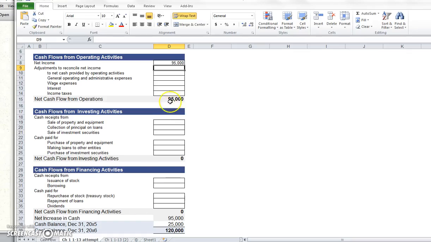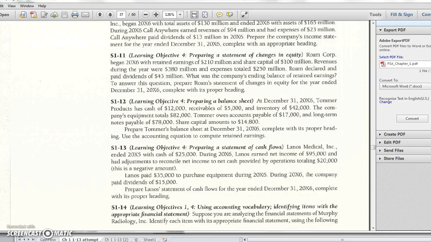So we've got to make sure that this is a minus. So 20,000. So if I've done the formula properly, this should be 90. So I've got to make it negative. There it is, 75. All right, let's see, what else do we have to do?